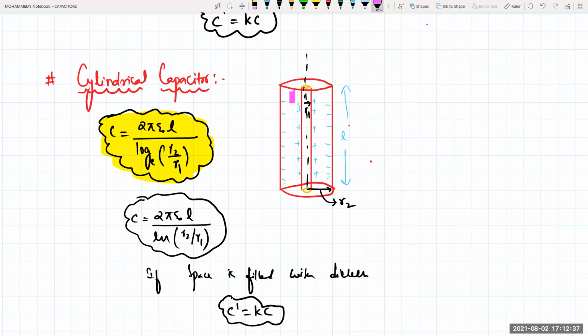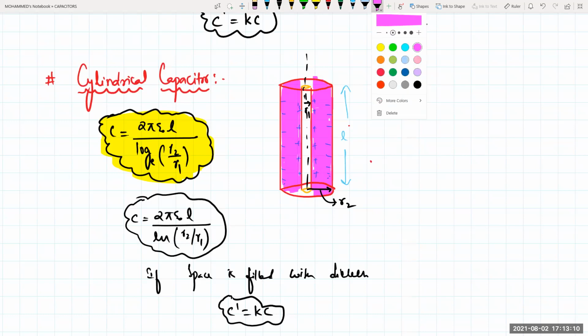This R2 minus R1 region, in this region you will have the dielectric all through. The dielectric has been filled like this.